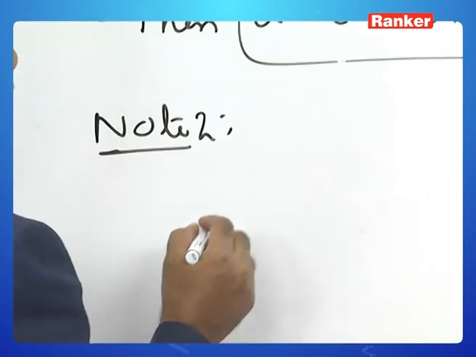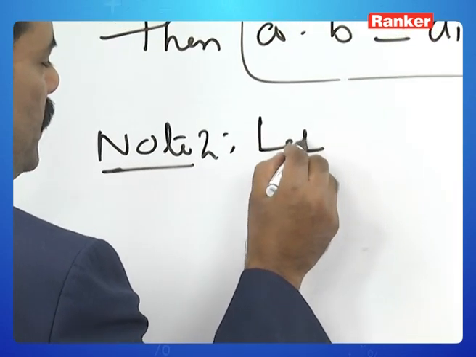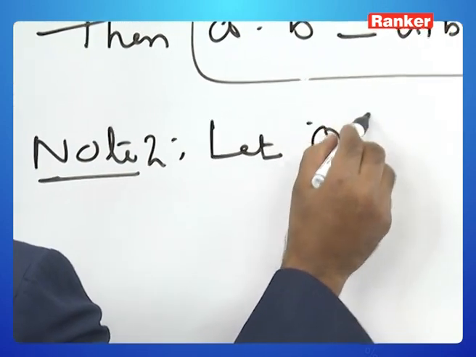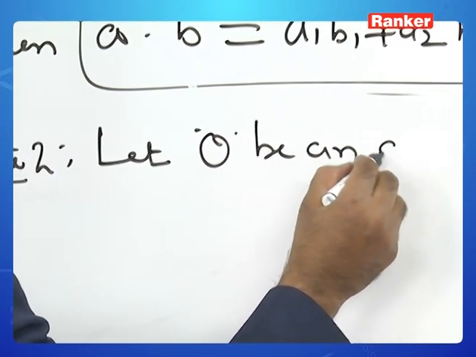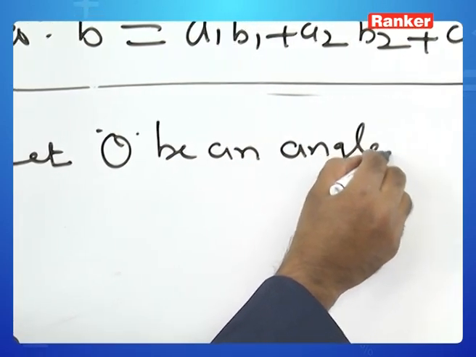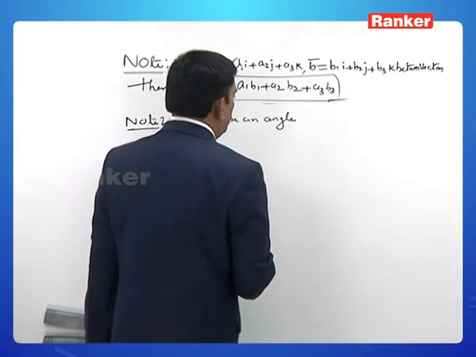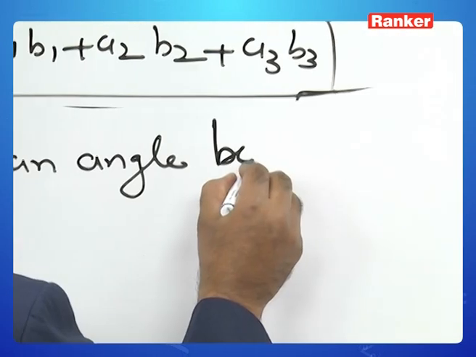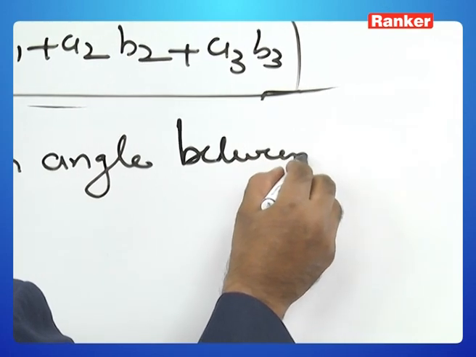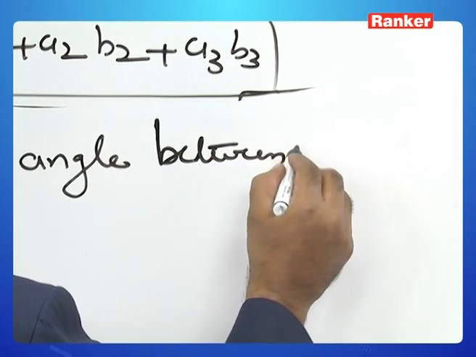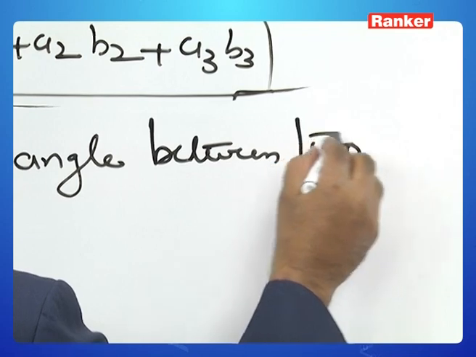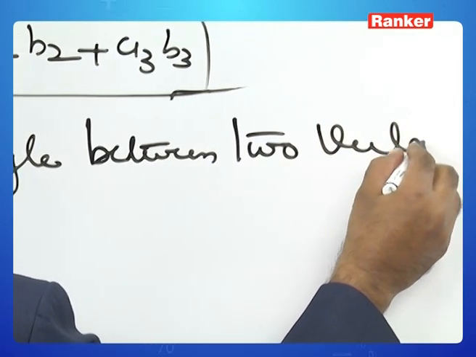With this definition, note 2. Let theta be the angle between two vectors.